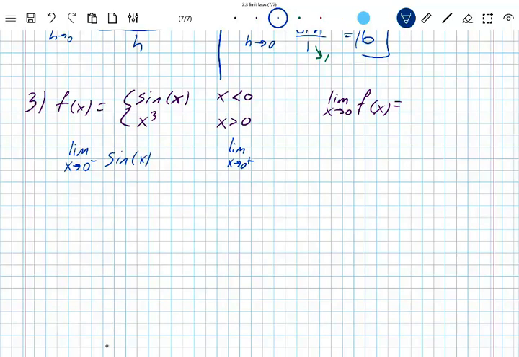On the right, I'm in x is greater than 0, so I look at x cubed. Okay, I'm going to evaluate these two, and our theorem says that if they agree, there is a limit, and that it'll tell us the value of the limit. If they don't agree, then there isn't a two-sided limit.